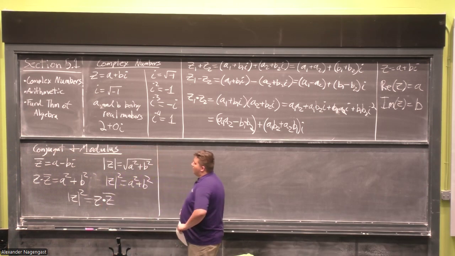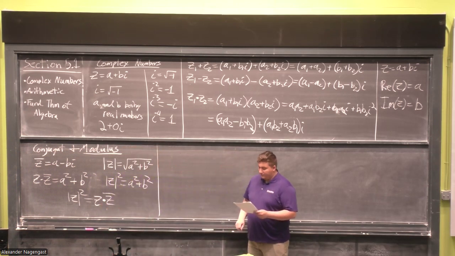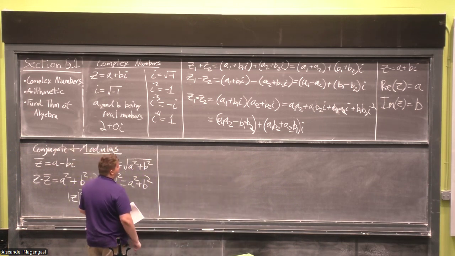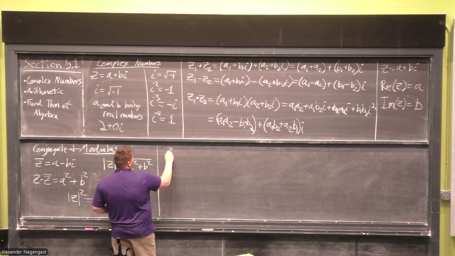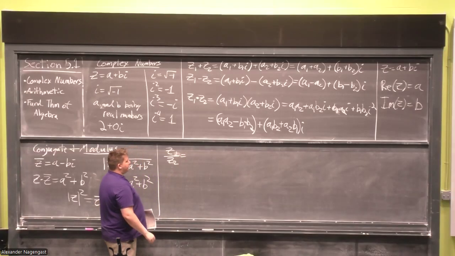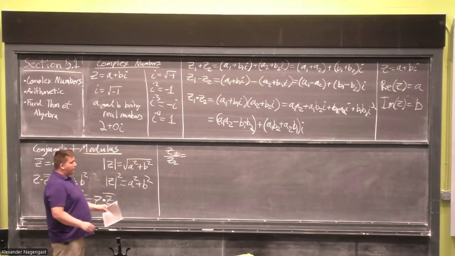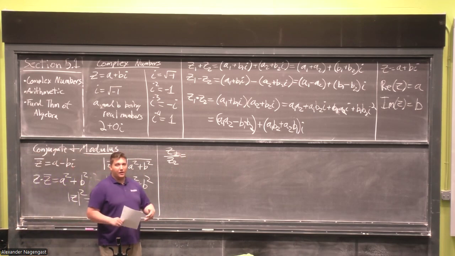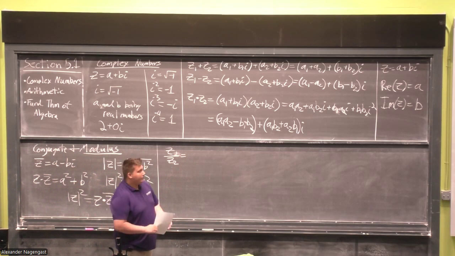So this leads into division. Now, for division, we have z1 divided by z2. And let's write this out and apply the very familiar concept of rationalizing the denominator.